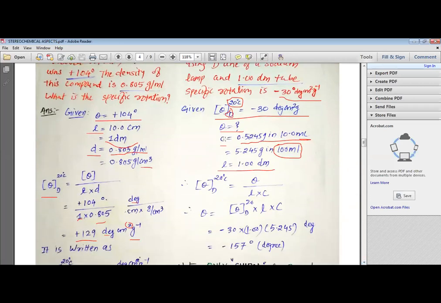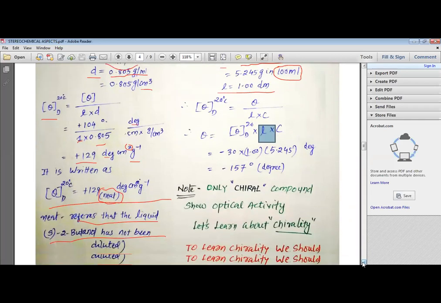Please remember that whenever we study, the concentration is taken for 100 ml of solution, and density is taken in gram per meter. Generally, the length is taken in decimeter for the various calculations.